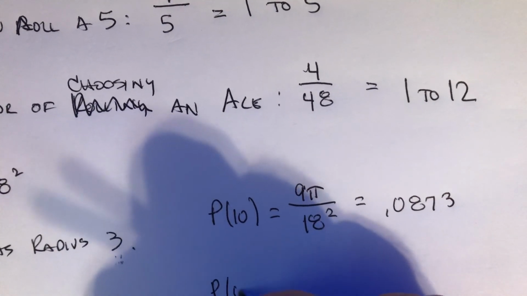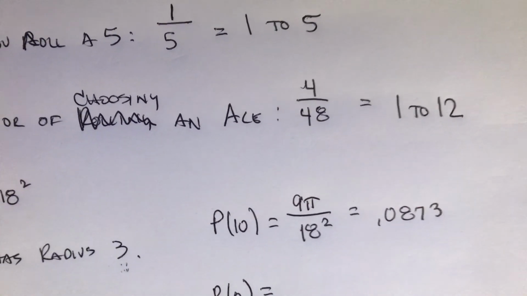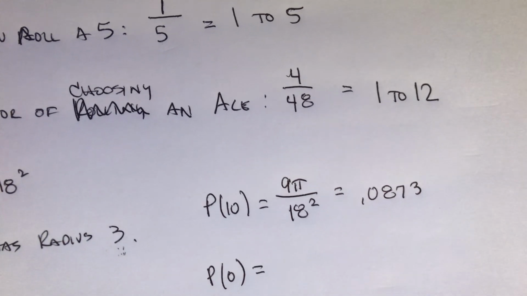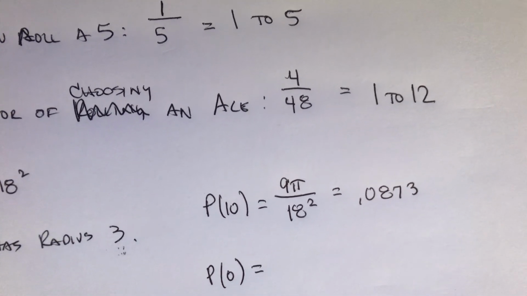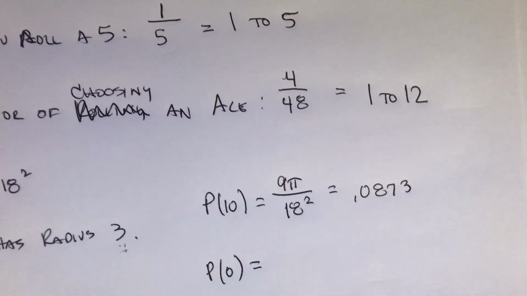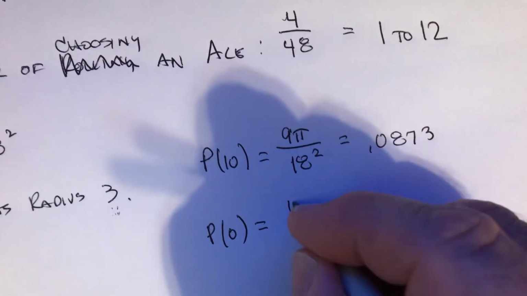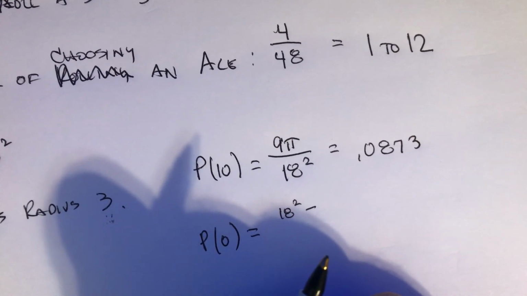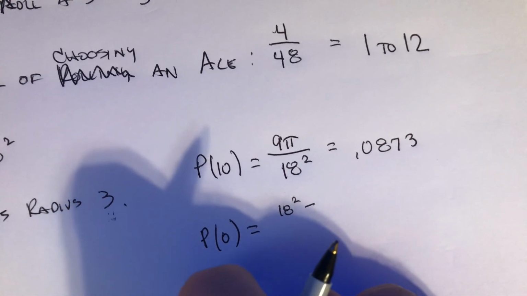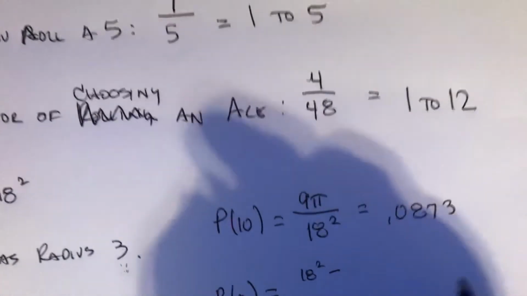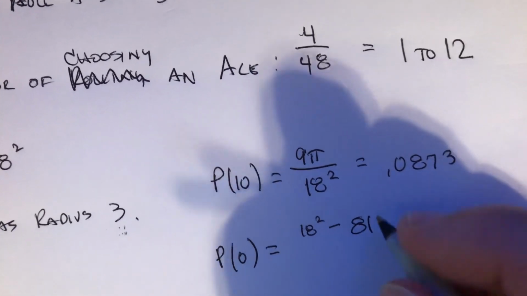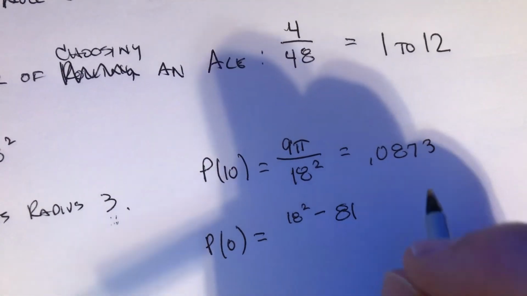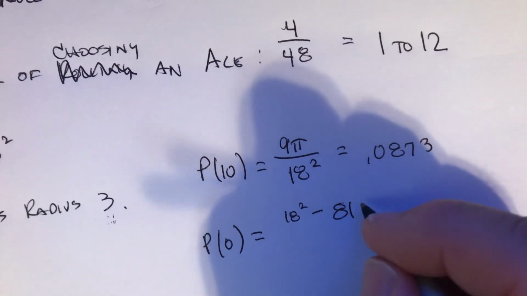The probability that you get 0 points would be the areas of the little edges of each corner. Now to find that area, you would take the area of the entire square, subtract from it the area of the 3 circles, which is going to be 81 times pi, because the radius of those three circles added together is 9. 9 squared is 81.